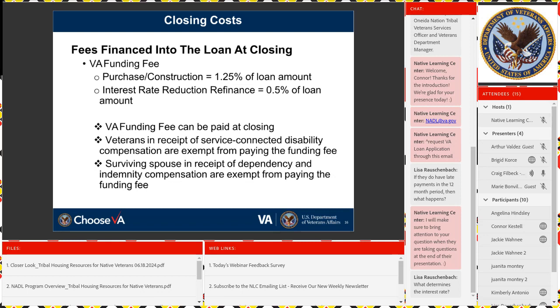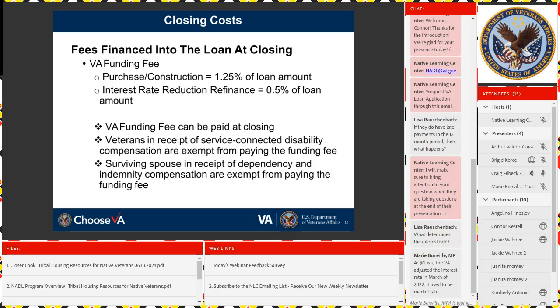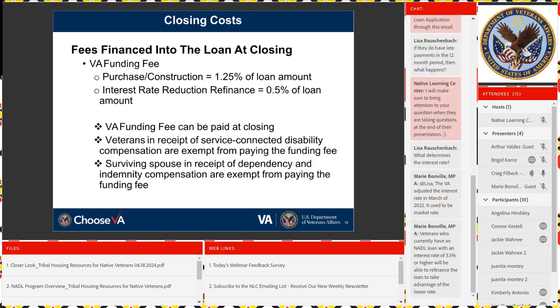This loan is also eligible for surviving spouses as well. Surviving spouses are usually exempt from the VA funding fee because they're receiving a percentage of the deceased spouse's service-connected disability compensation.